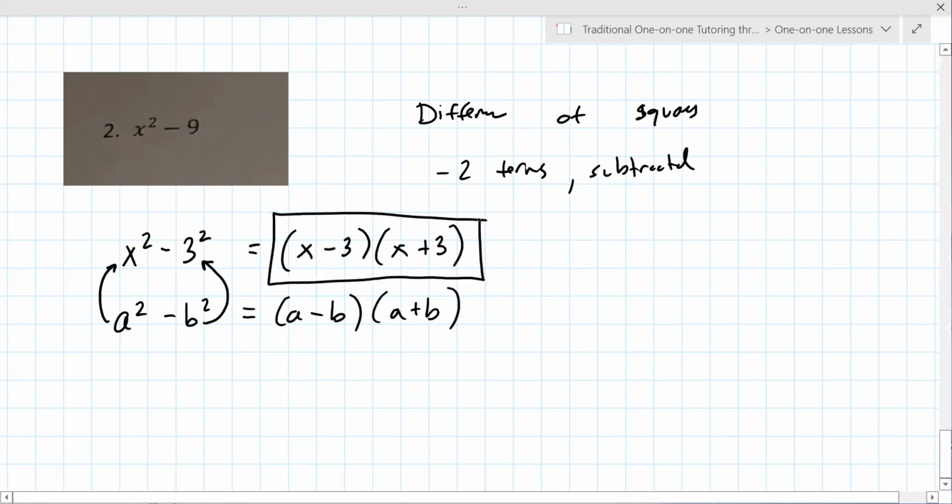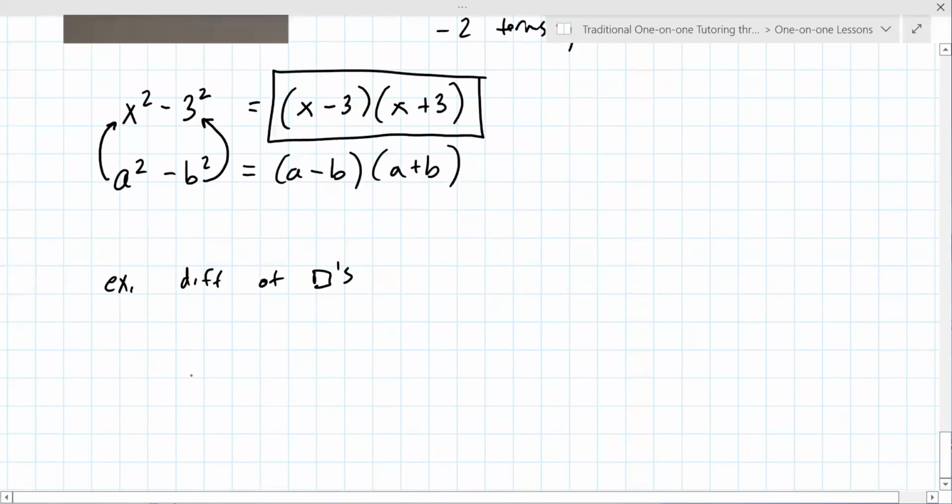This is what we're working towards, but it's a different type of problem completely than the one that we've just been doing. So I just want to spend a few minutes doing these. Let me give you another example of difference of squares. Let's say it's x squared minus 16.